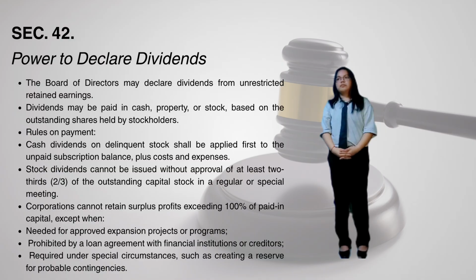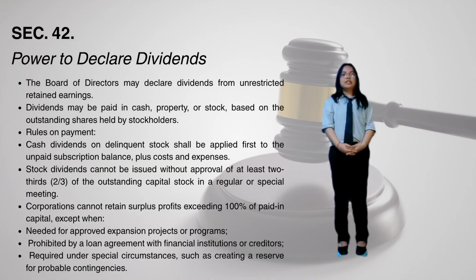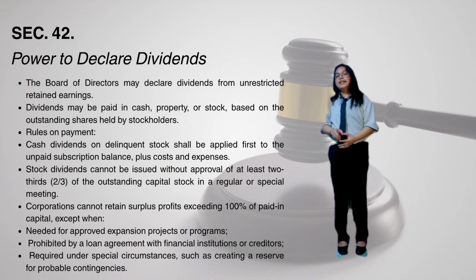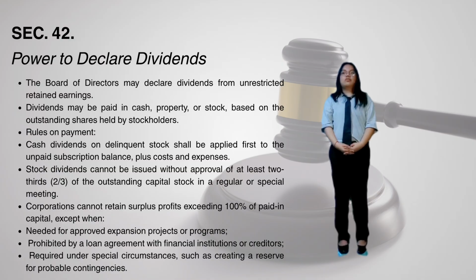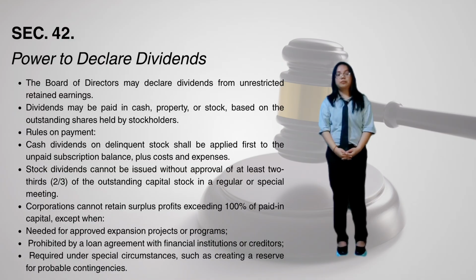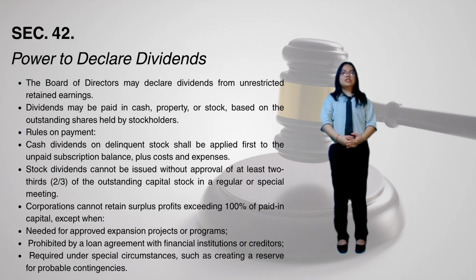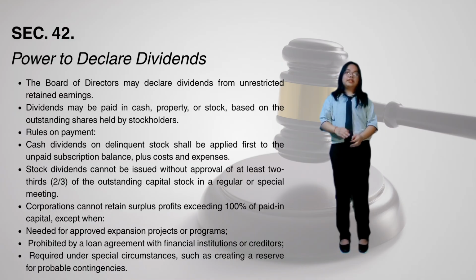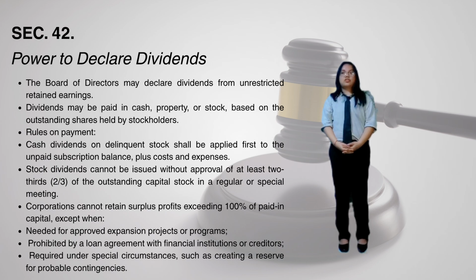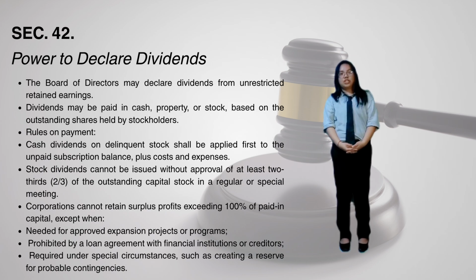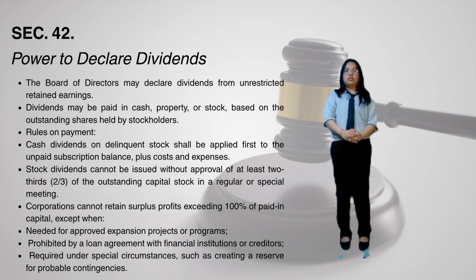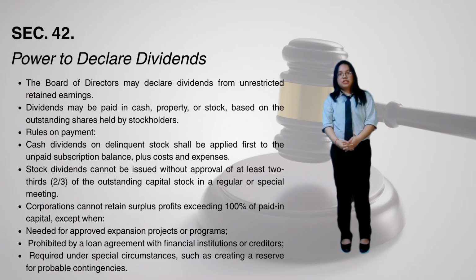Also, a corporation cannot keep surplus profits of more than 100% of its paid-in capital unless, one, it needs the funds for expansion or development projects. Number two, it is not allowed by loan agreements to declare dividends. Or number three, it must reserve funds for special situations like possible leases or emergencies.